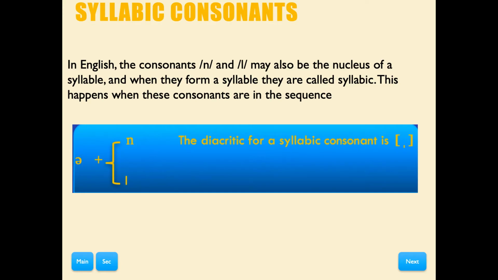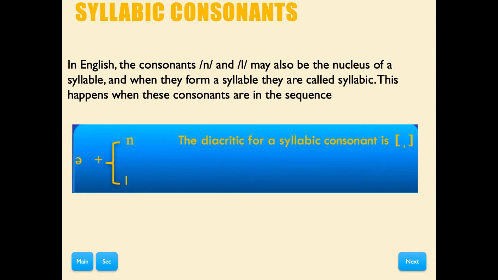This means that they can be the nucleus of a syllable. And when these consonants form a syllable, when they are syllabic, they are in the center of the syllable, in the nucleus of the syllable, and they are called syllabic.